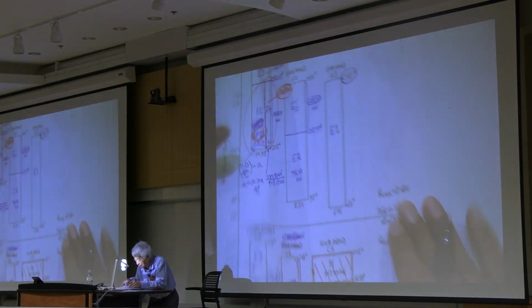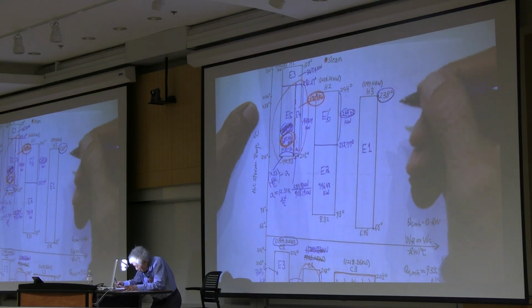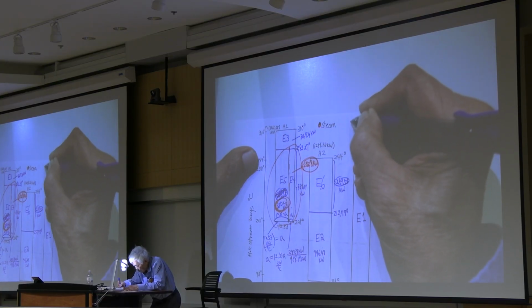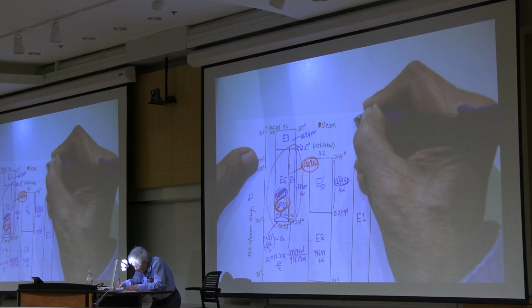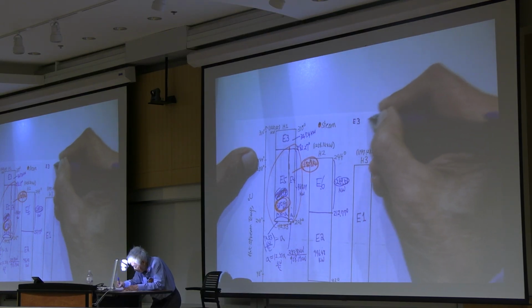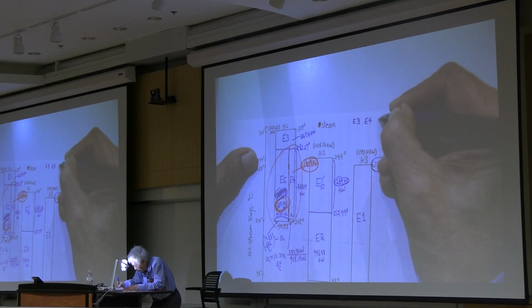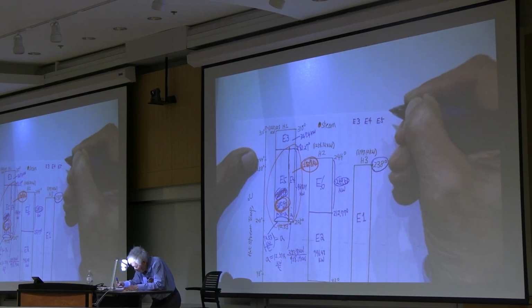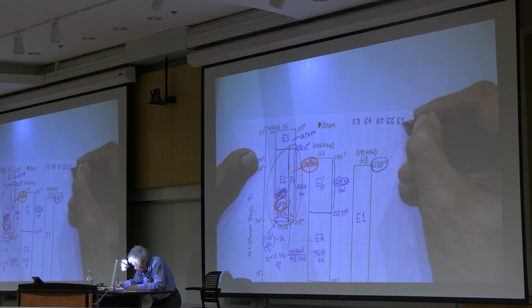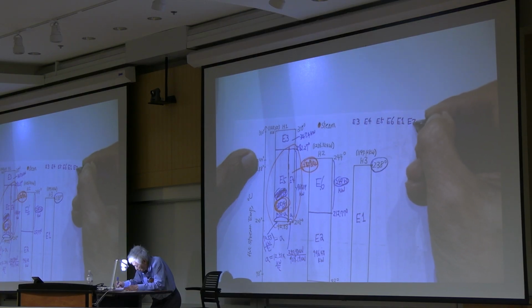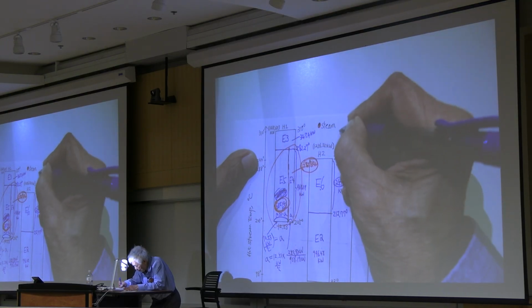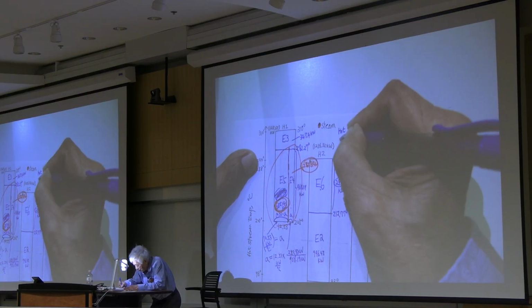Now, the last thing you need to check is average block temperature. Okay? So, E3, E4, E5, E2. On the hot side, on the cold side.